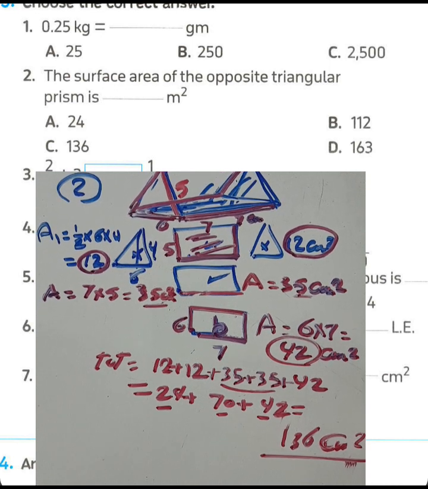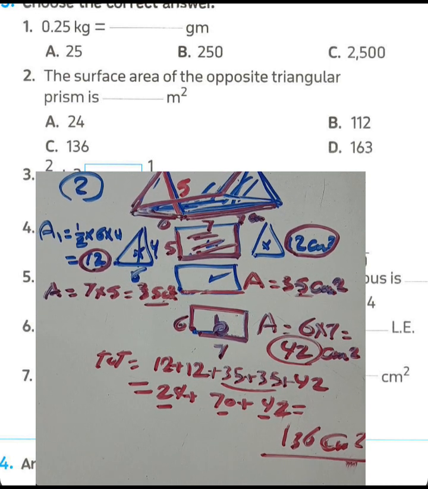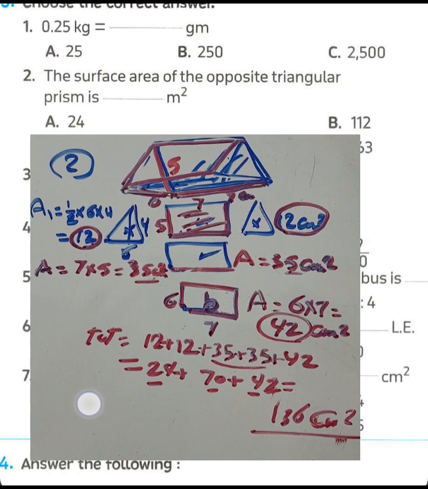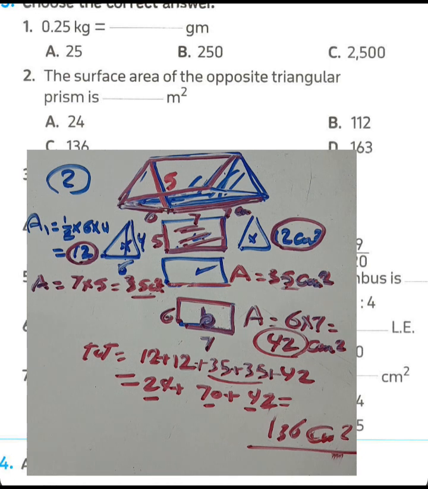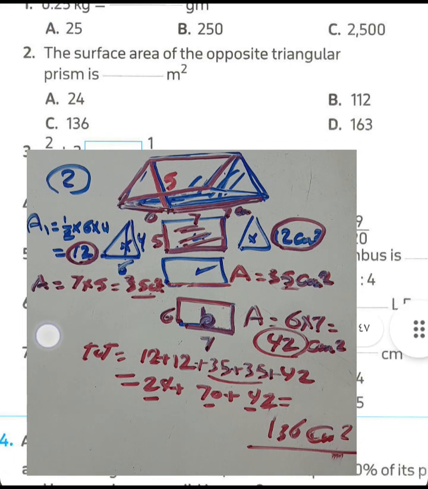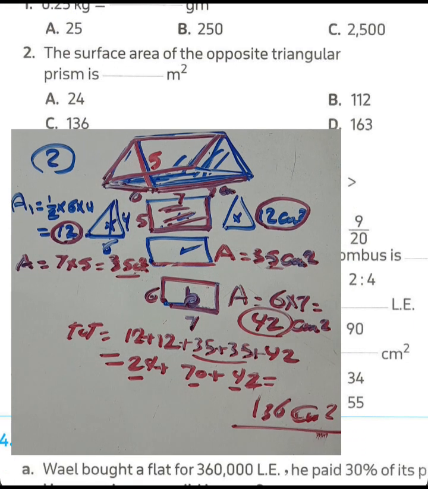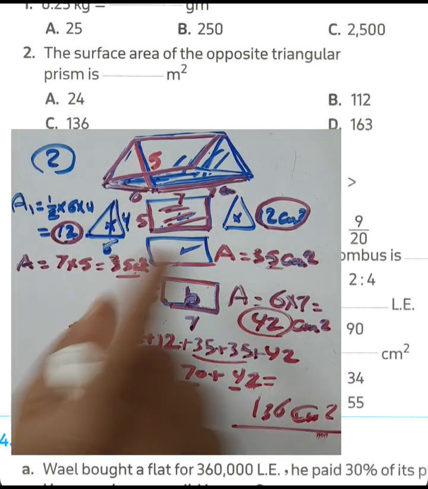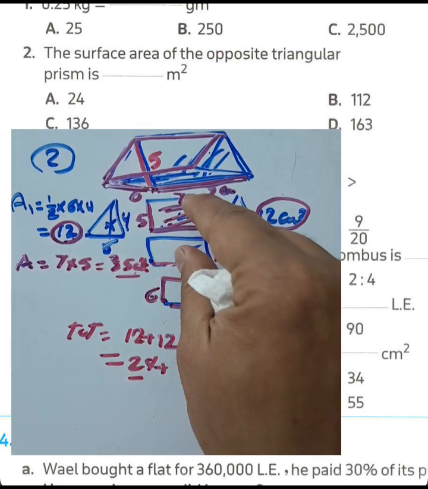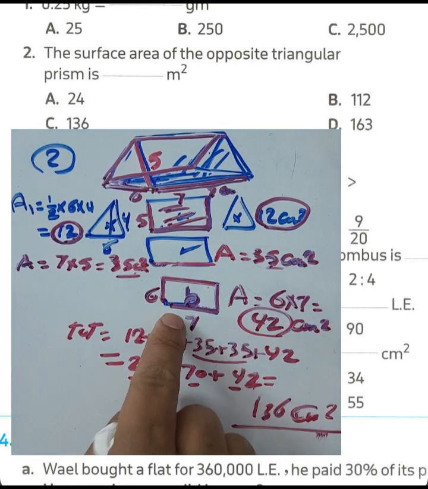The area will be 136. Choose letter C for question number 2. Okay, it's the area of the triangular prism. The area will be 136. Choose letter C. We have five shapes here, and we find the area of each one of them to find the total area: the sum of the areas of two triangles, two congruent rectangles, and the rectangle in the base.